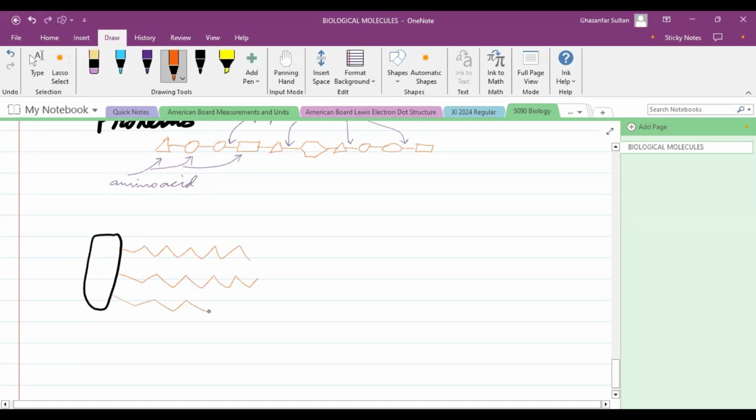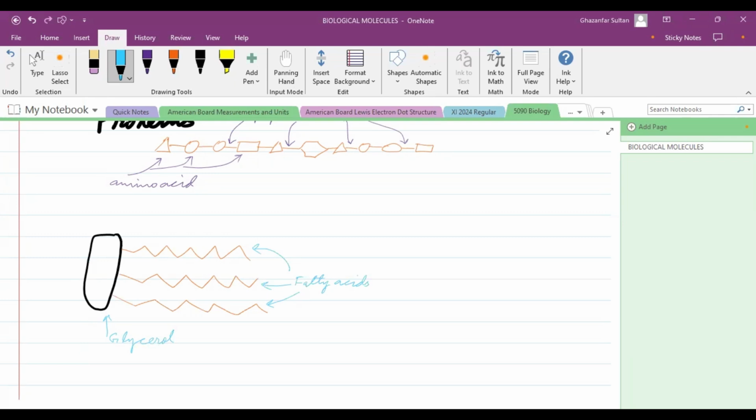So there are several ways we can represent them. So these are fatty acids. This whole orange zigzag line is a fatty acid. These fatty acids can be the same or can be different. And this one is a glycerol molecule.